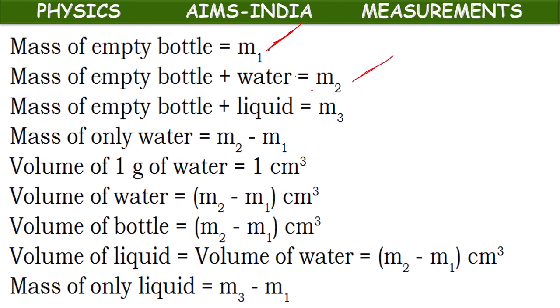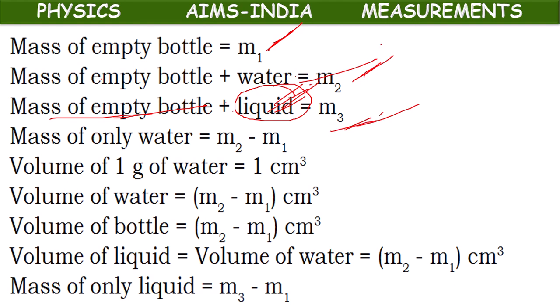Instead of water, if you want to find the density of alcohol or pineapple juice, or any juice, then mass of empty bottle plus whatever liquid's density we are going to find, because we want to find the density of the liquid, let it be M3. So empty bottle M1, empty bottle with water M2, empty bottle with required liquid M3.